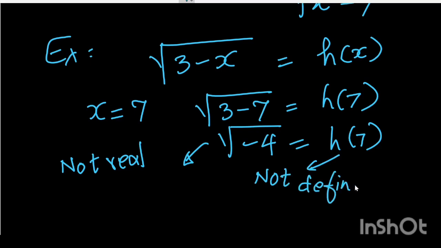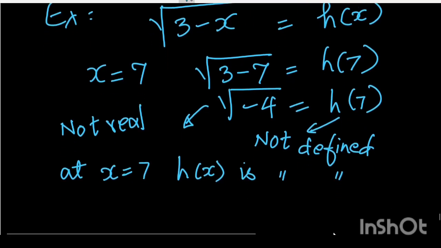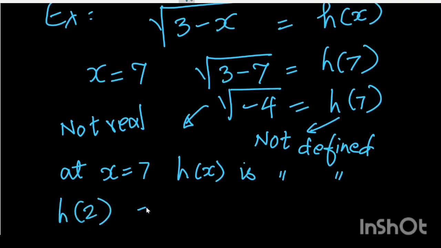Or we can also say that at x equals 7, hx is not defined, guys. Now if I ask you what is h2, if you substitute 2 here, you will get under root of 1 plus under root of 1. If there is no sign, we take it as plus only.